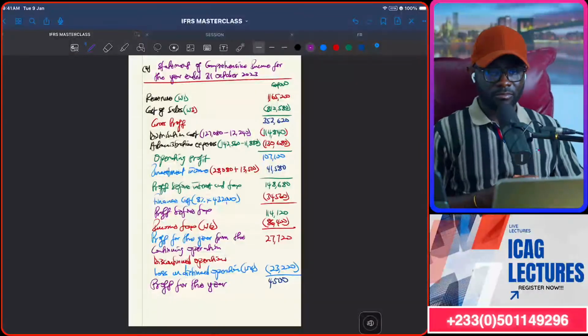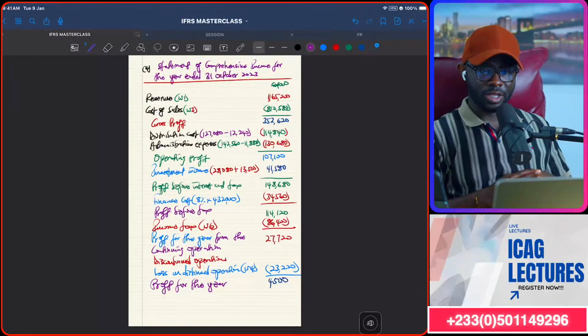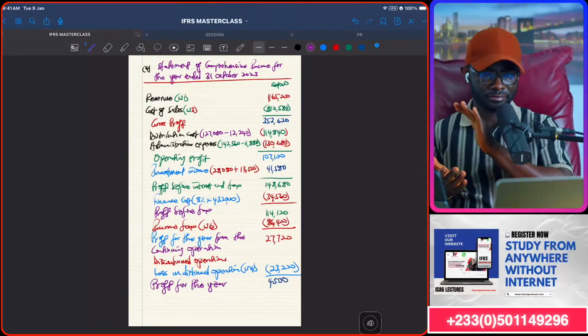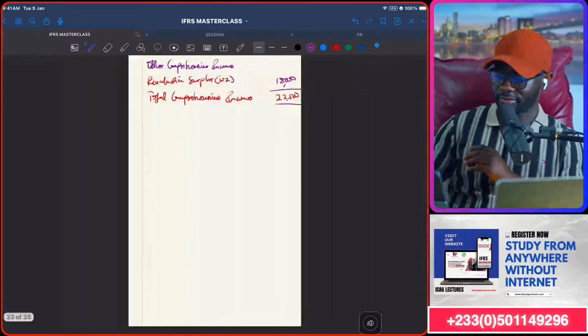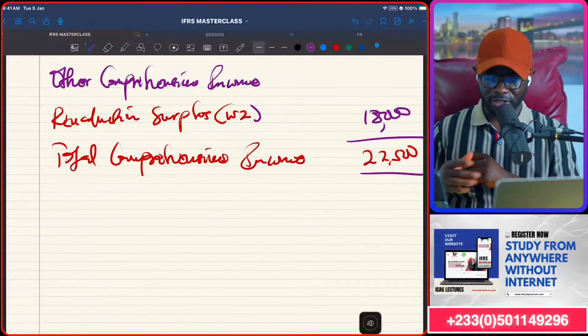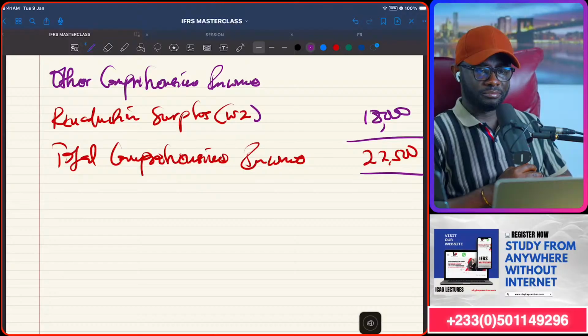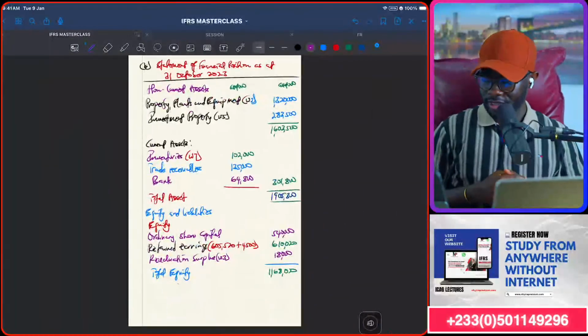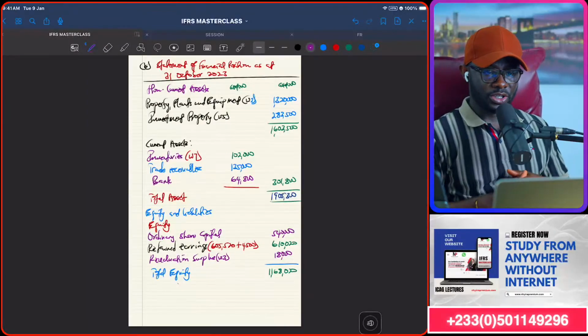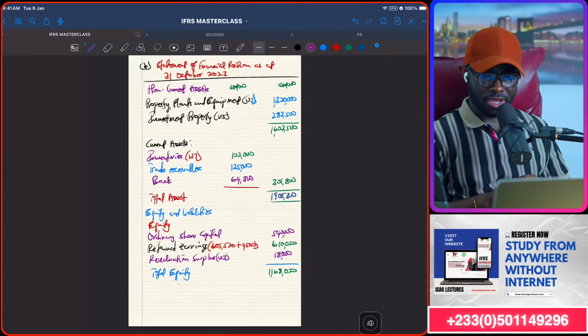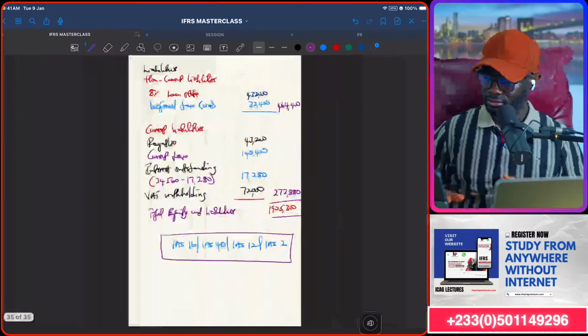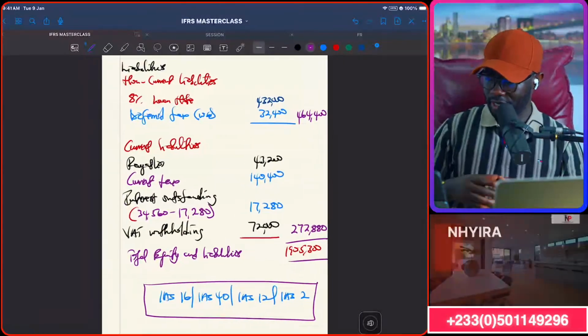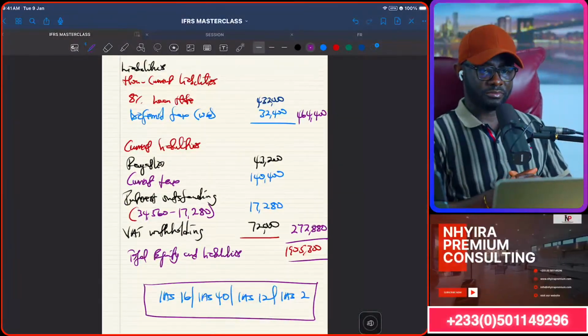Then the statement of comprehensive income, the beginning aspect. The wrapping up aspect of the comprehensive income. Then the position, bringing all of the items in. Then the wrapping up segment.